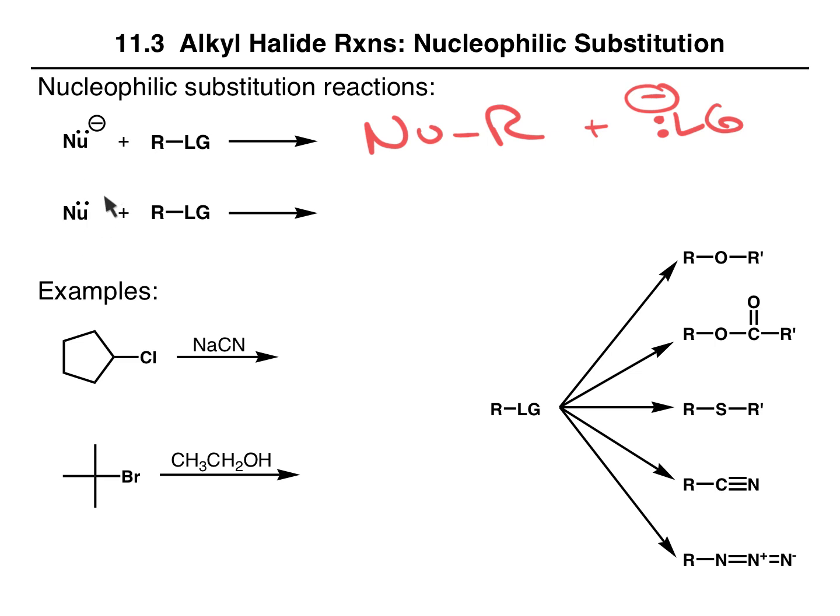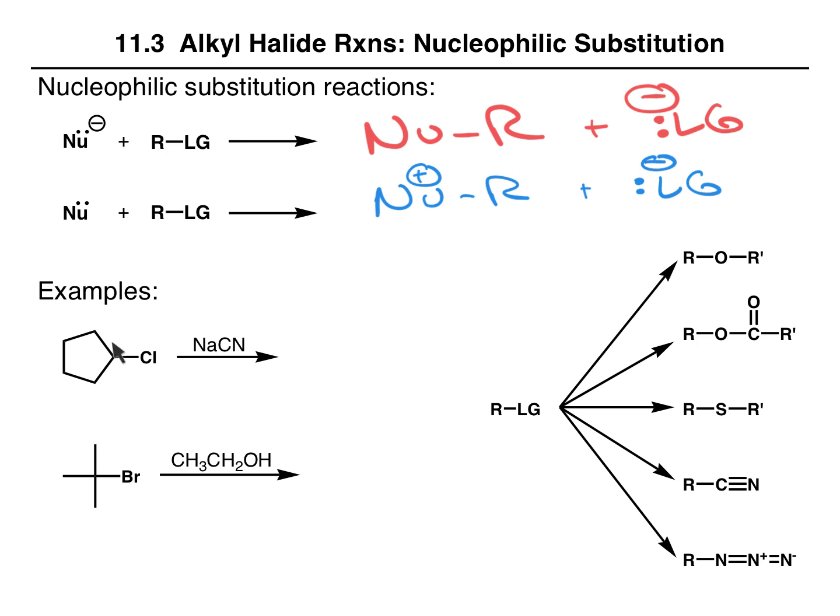On the other hand, if our nucleophile is neutral, when it shares its electrons, it will end up taking on a positive formal charge. And we still have our leaving group has left. So here's a few examples.